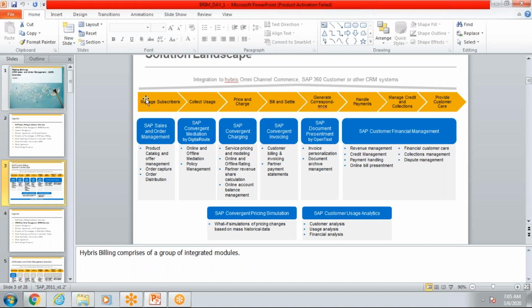Okay. And in CRM, SAP sales order management is there. So this is order to fulfill, and from conversion mediation to ECC, it is consumption to cash.